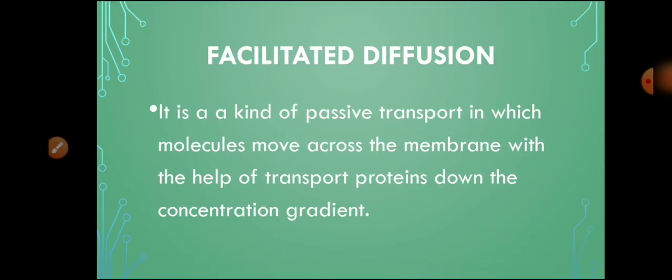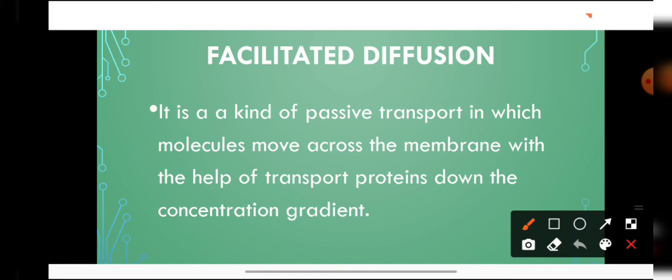The next topic is facilitated diffusion. Now students, facilitated diffusion is also a type of passive transport. It means here also the molecules are moving from higher concentration to lower concentration. But facilitated diffusion is helped by transport proteins which are present across the membrane.